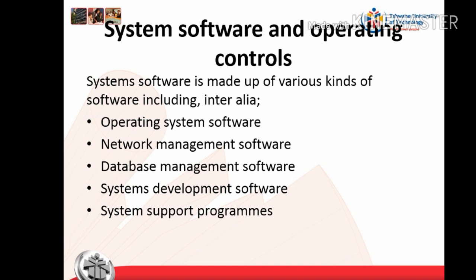People who are using Samsungs and Huawei and all those other phones are using the Android system, meaning that if you want to download an app that is an Android build, you cannot install it on your iPhone because of such things. Then we have network management software.